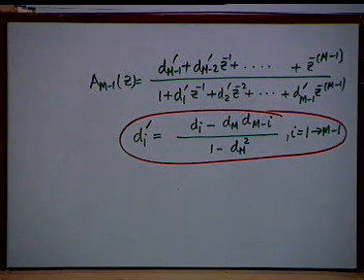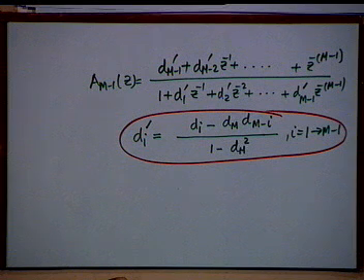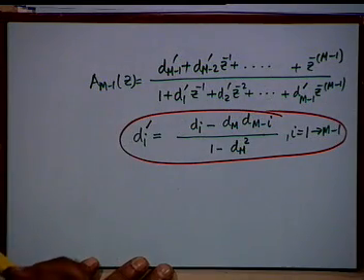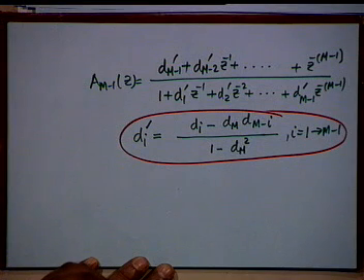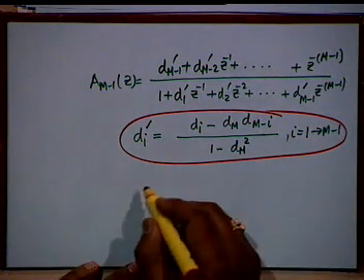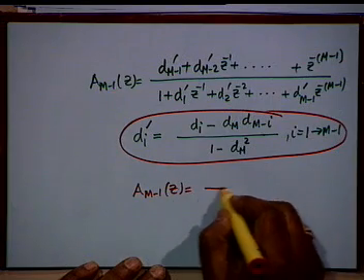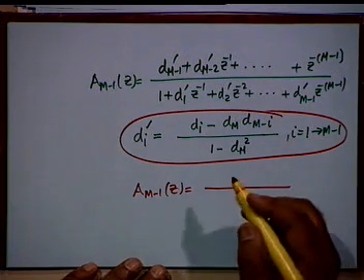Okay, what was our assumption? That Am z is stable and Km squared is less than 1. Now let us see, is Am minus 1 z stable? That is the question. If it has to be stable, you remember Am minus 1 z is equal to, what was the relationship?